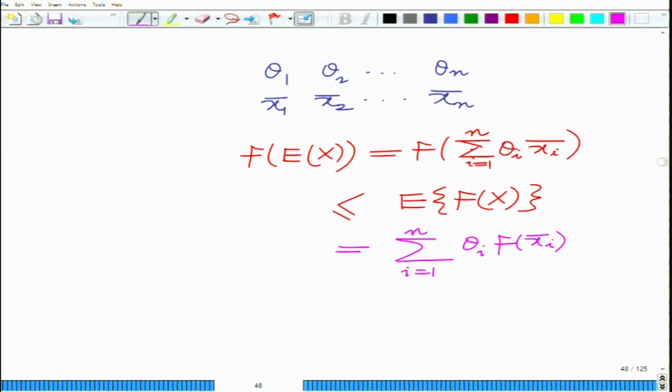Alright, so this is Jensen's inequality. In fact, it holds even for a continuous random variable x. That is what makes this a very interesting and powerful inequality.